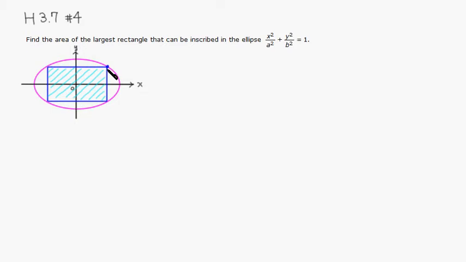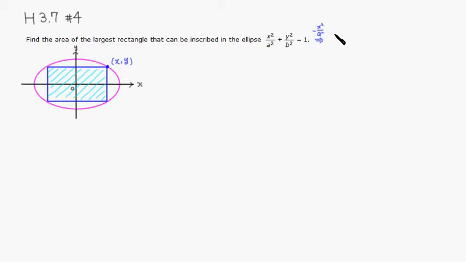I'm going to call this point on the ellipse (x, y). Since the equation of the ellipse is given here, I'm going to solve this for y. I'll subtract x squared over a squared.